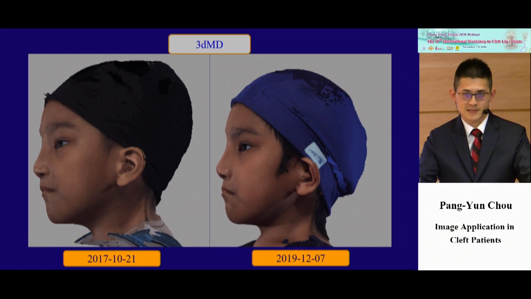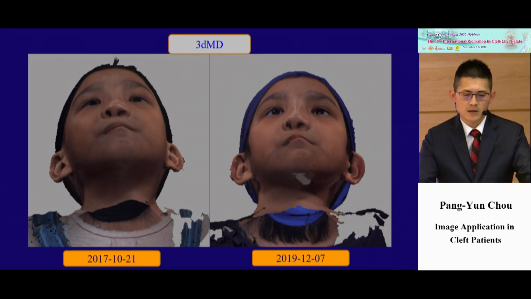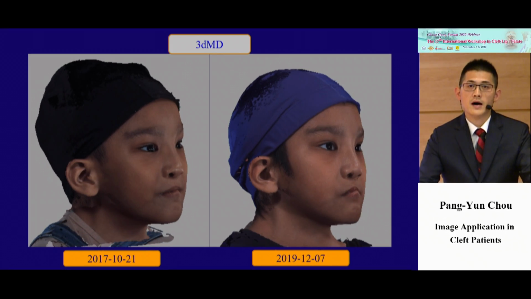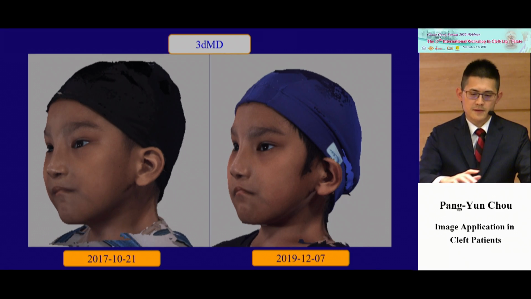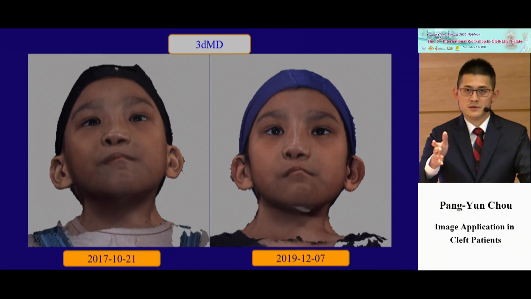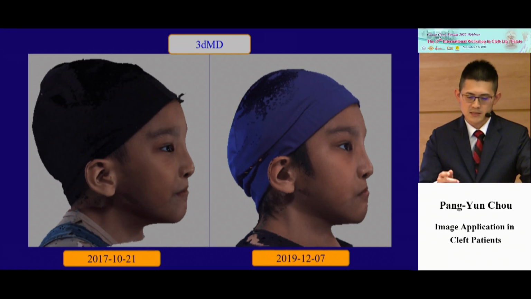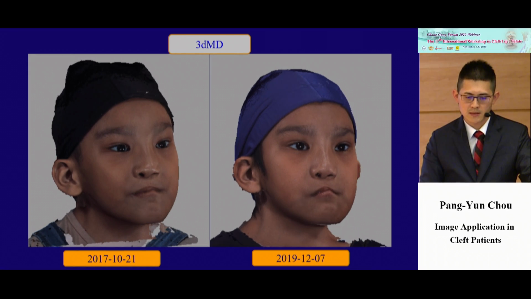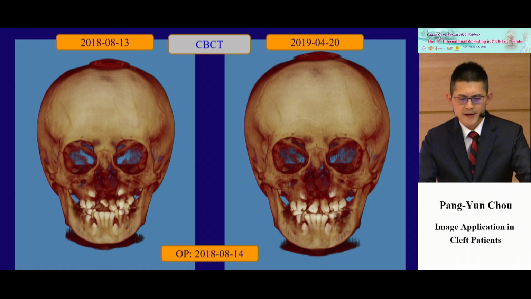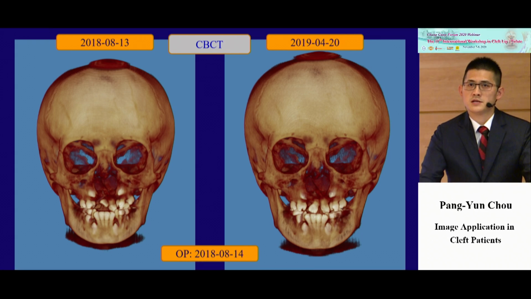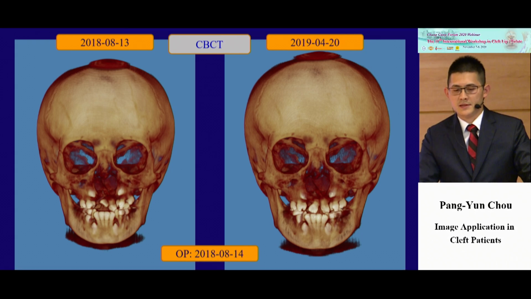However, it's really very expensive. But for research, or to audit whether your surgery is good or not, this is a very good imaging modality.